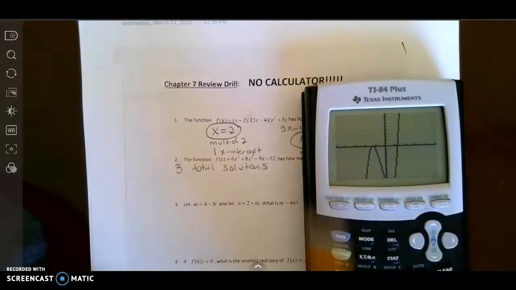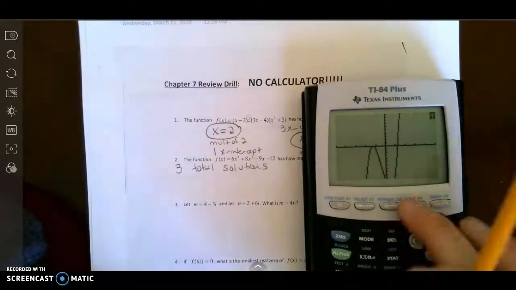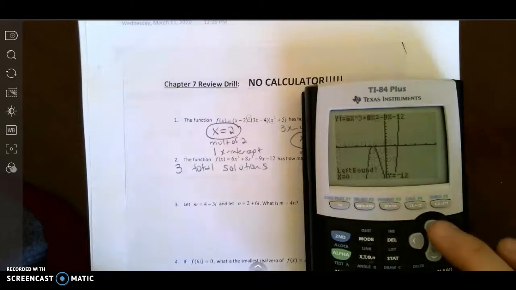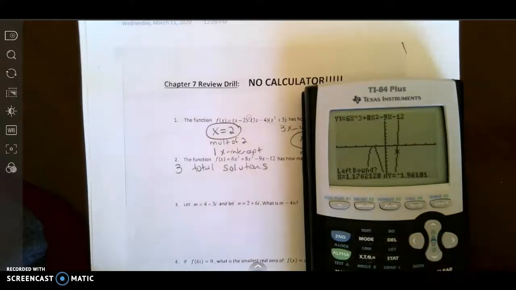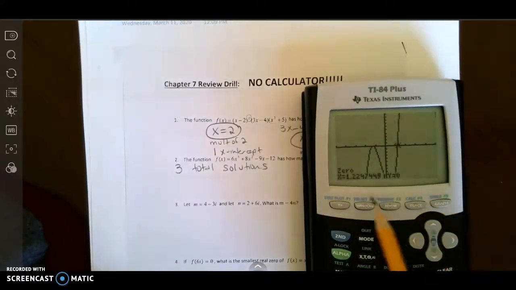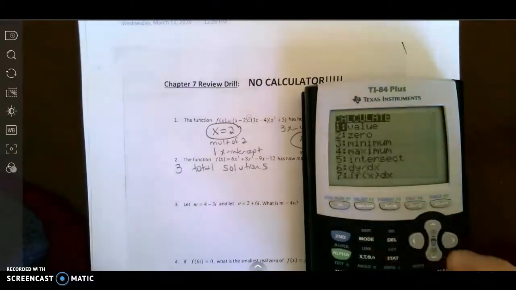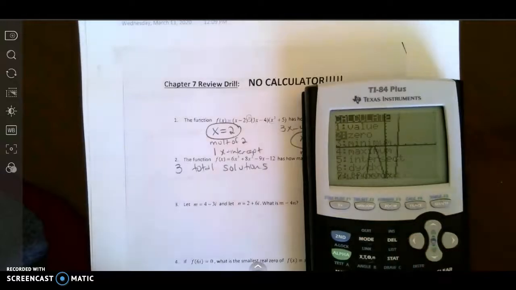It's got to have 3 total though, so let's see. Second trace. Let's find that 0. Oh, let's find this one first. So 1.22 is a 0. Let's find this other one here. Second trace, 0.